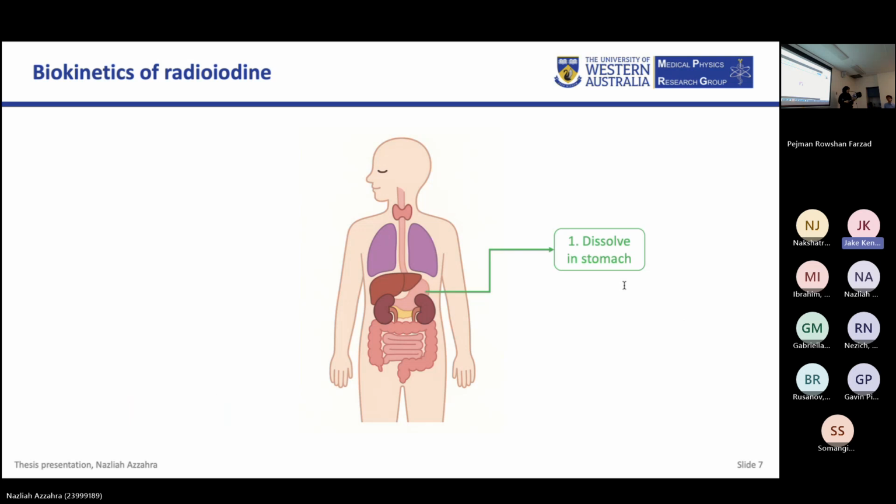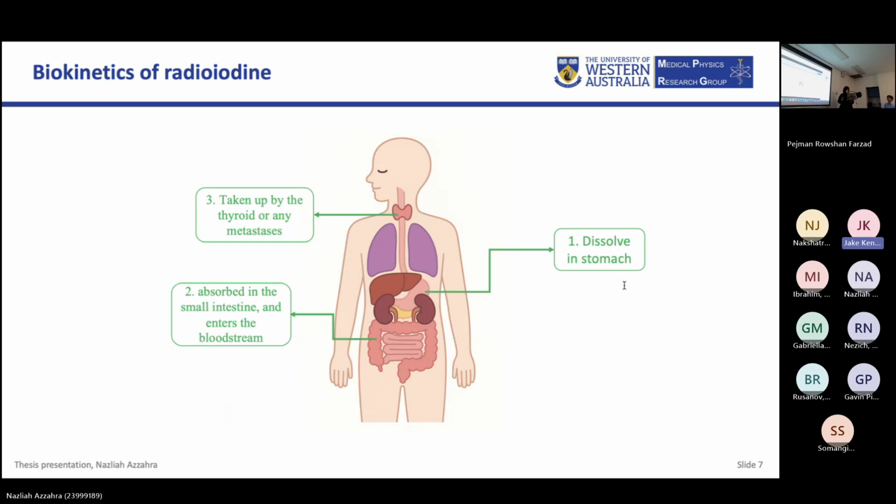The first one is it will dissolve in the stomach, and then it will be absorbed in the small intestine and enter the bloodstream, to then be taken up by the thyroid gland, or any metastases or any tissue that's expressing the sodium iodide symporter. And finally, the unused iodine will be cleared from the body by the kidney. Each of these steps can be affected by the patient's organ function.